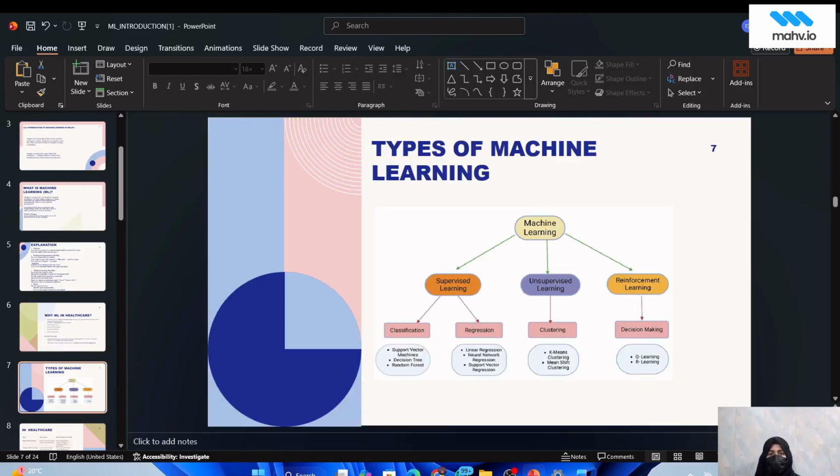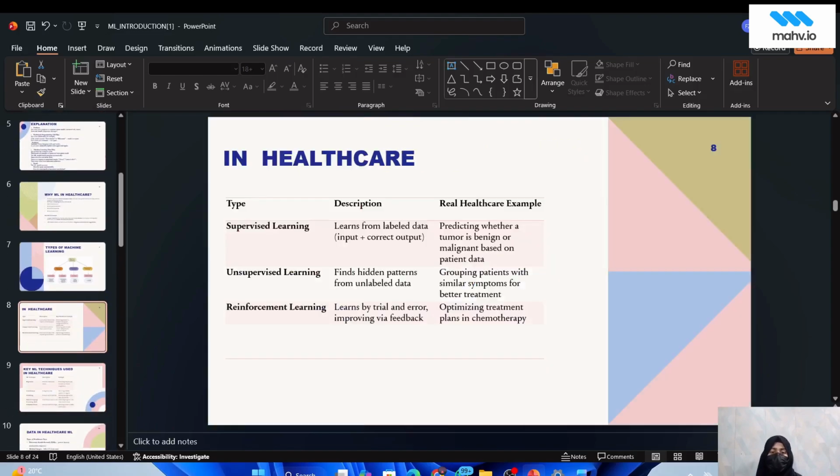After that, we will learn the types of machine learning. These are the three common types: supervised learning, unsupervised learning, and reinforcement learning. In supervised learning, the model learns from labeled data. An example is predicting whether a tumor is benign or malignant based on patient data.